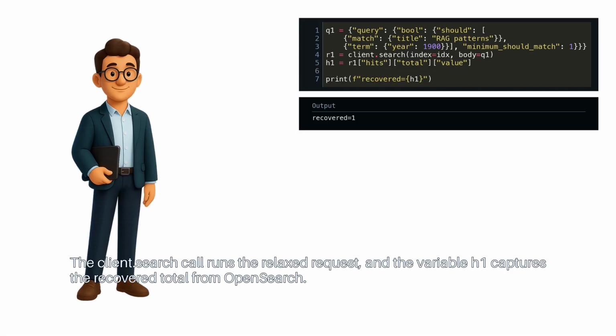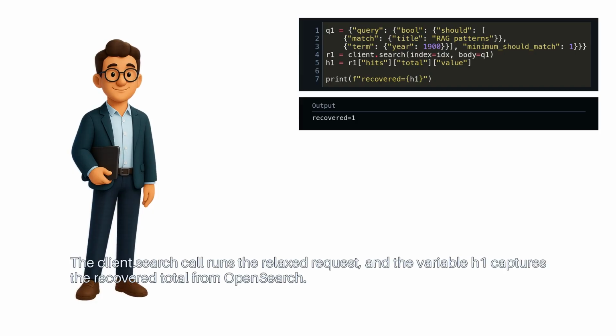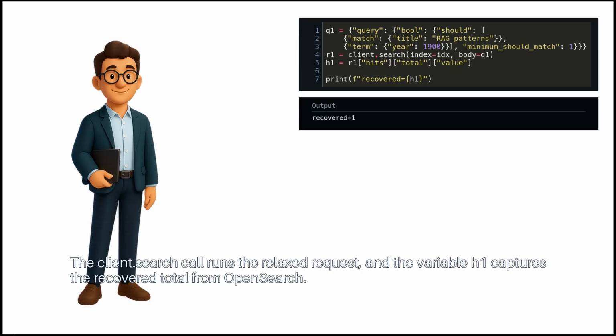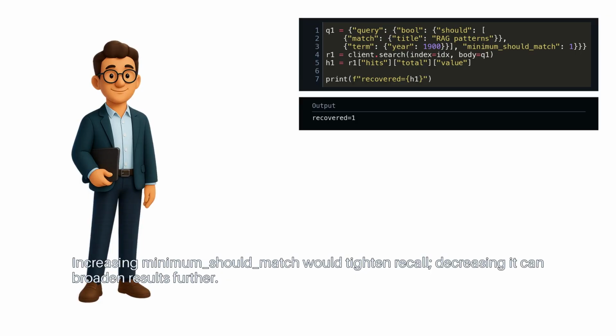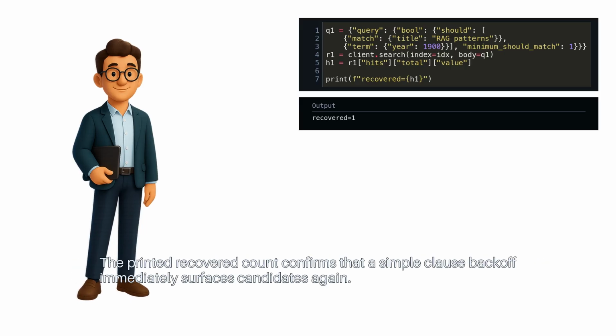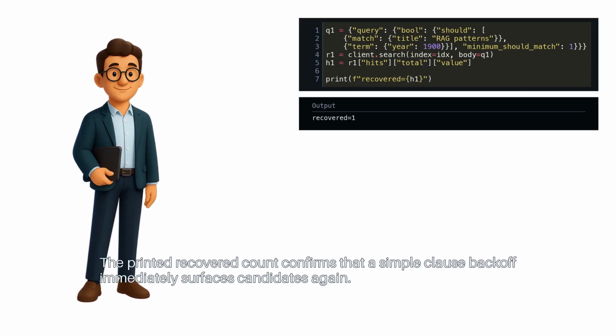The client.search call runs the relaxed request, and the variable h1 captures the recovered total from OpenSearch. Increasing minimum_should_match would tighten recall. Decreasing it can broaden results further. The printed recovered count confirms that a simple clause backoff immediately surfaces candidates again.